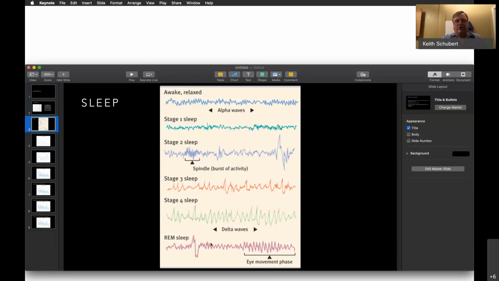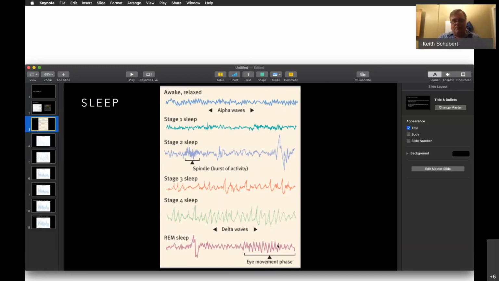You can see the theta waves, and then you can see the eye movements, which are bigger. When you see it, the person's eyes will be closed and you'll see them move rapidly around underneath the eyelid. That's characteristic of REM sleep.